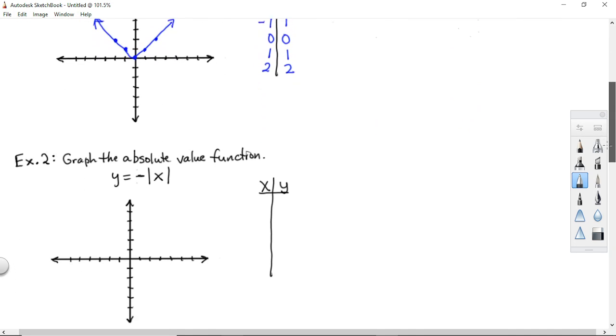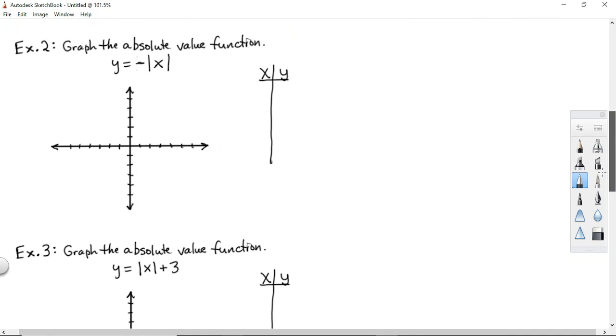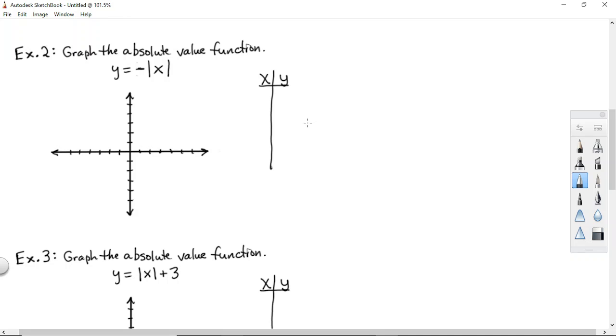Let's look at another one. Graph the absolute value function, y equals, this time, the negative of the absolute value of x. Okay, so we'll use the same values for x here: negative 2, negative 1, 0, 1, and 2. When we put in that negative 2 for x, we'll go ahead and show this one.